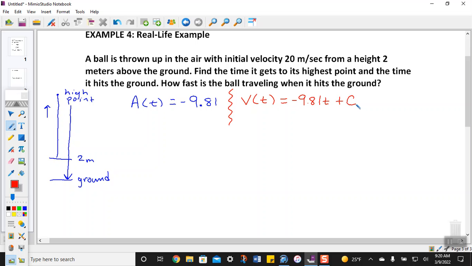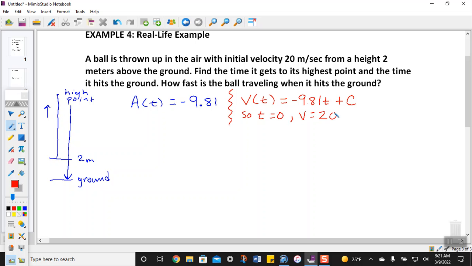Now, we got to make some assumptions about our velocity. You were told at the very beginning the initial velocity was 20. So this tells me that when t is equal to 0, velocity has to equal 20. So I'm going to plug this in to what we have already, and that's going to allow us to solve for the c value, isn't it?